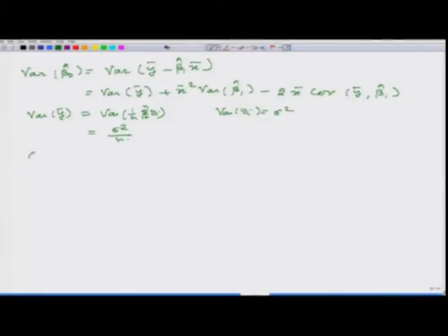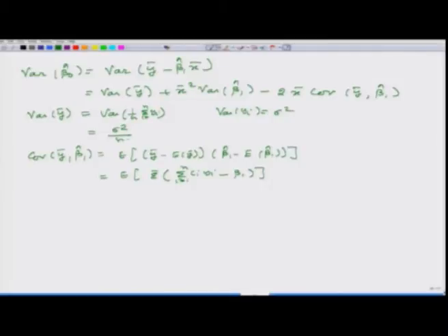And what about the covariance of y bar and beta 1 hat? This can be written as the expected value of y bar minus expected value of y bar, times beta 1 hat minus expected value of beta 1 hat, right. If you expand it, y bar minus expected value of y bar is epsilon bar, and beta 1 hat is summation i goes from 1 to n ci yi, and expected value of beta 1 hat we already obtained as beta 1, right.